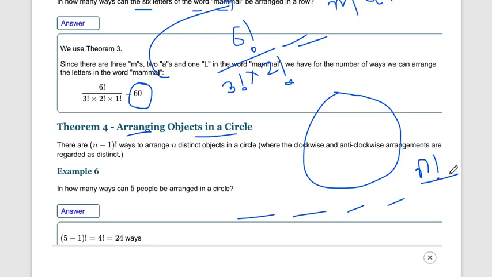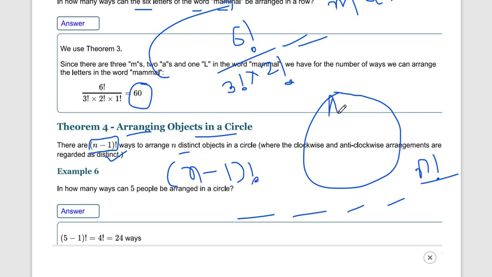But what is the arrangement in a circle? There are n minus 1 factorial ways to arrange n different objects in a circle. So you have to remember this formula: for a circle you use n minus 1 factorial.